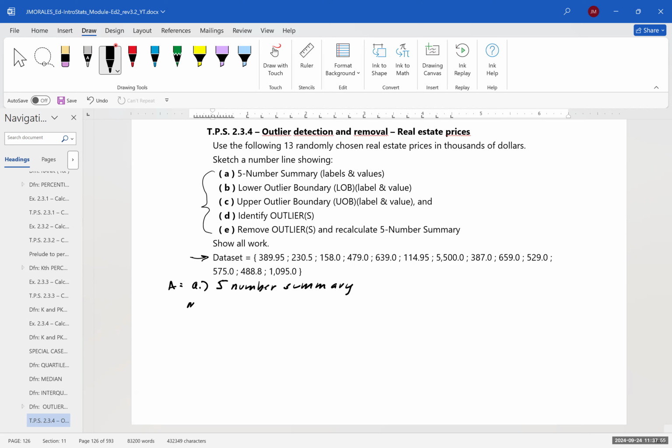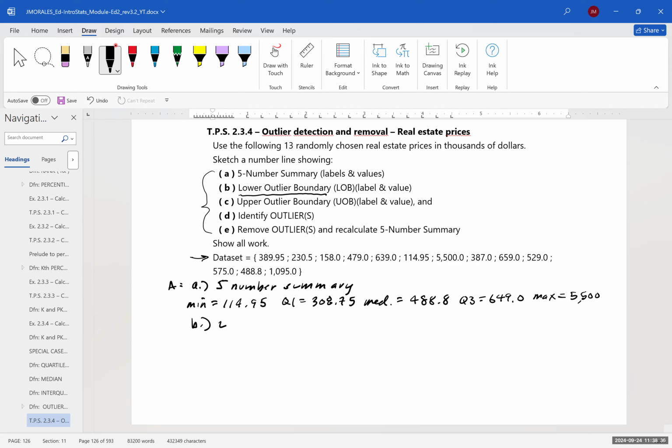And so the five number summary would be a minimum 114.95, a first quartile of 308.75, a median of 488.8, a third quartile of 649.0, and a maximum of 5,500.